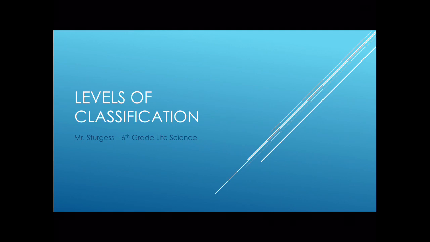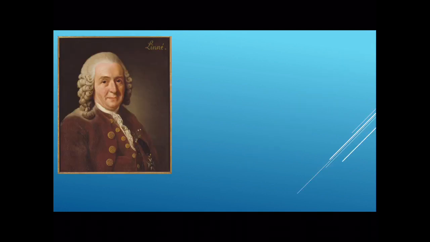All right, here we go with our levels of classification slides and the lesson and activity that's going to go along with it today. So we've talked about Carolus Linnaeus and his point in making up what was known as binomial nomenclature, giving an organism two names that were very specific to only that organism.